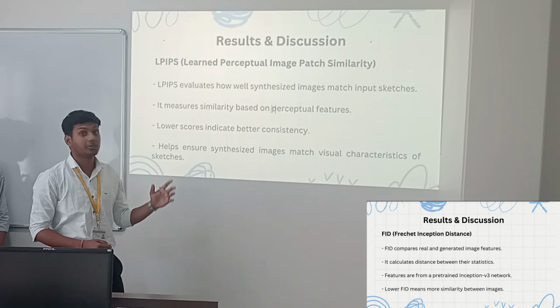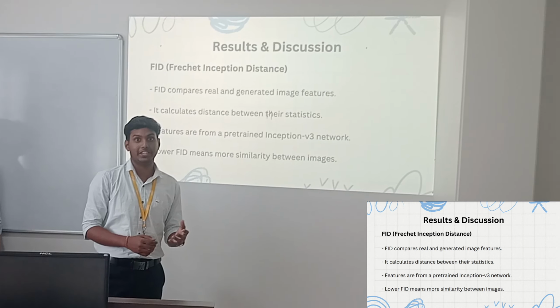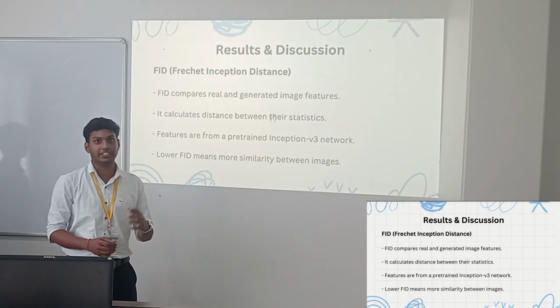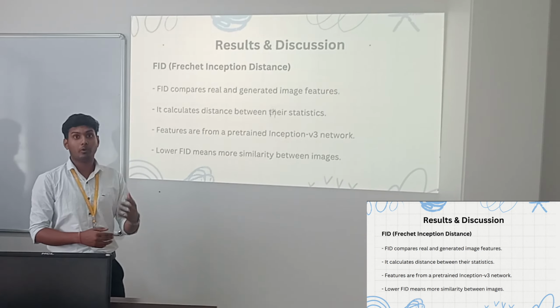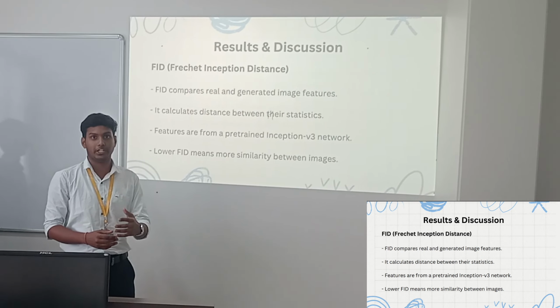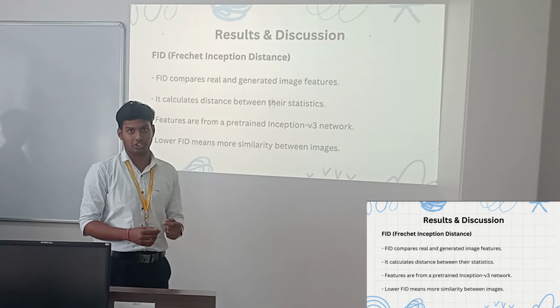It calculates the distance between the mean vectors and covariance matrices of the features extracted from a pre-trained Inception V3 model. A low FID score indicates that the generated image is more similar to the real image, real in the sense of statistics of features.